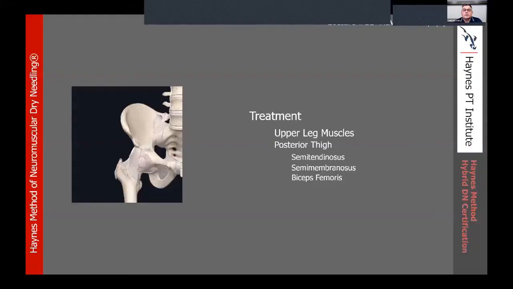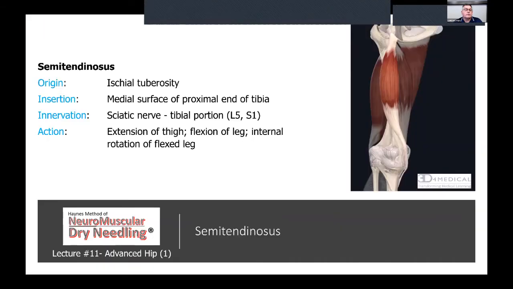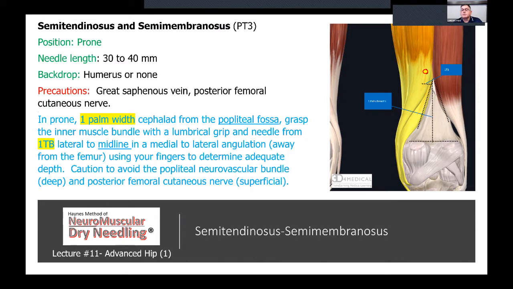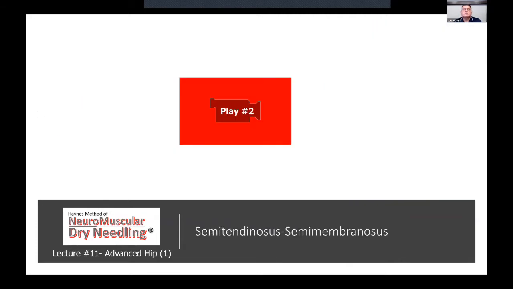There it is. Okay, so for the treatment piece, again, we're going to take our posterior V-notch. We're going to needle lateral about one palm breadth proximal to the popliteal crease. And let's swap again.